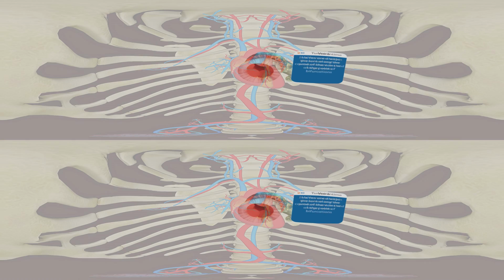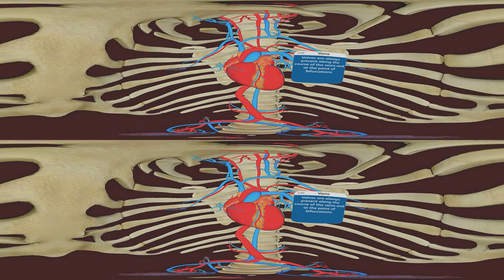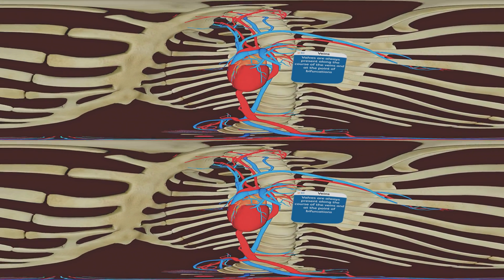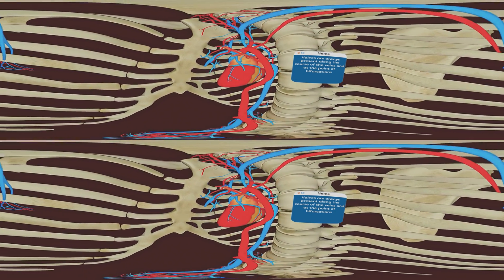The other important feature of this layer is the valves, which are bump-like structures formed by the endothelium lining of the tunica intima within the lumen and are predominant in the larger veins. Valves are always present along the course of the veins and at the point of bifurcations.